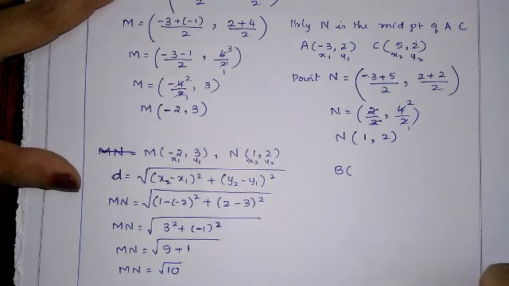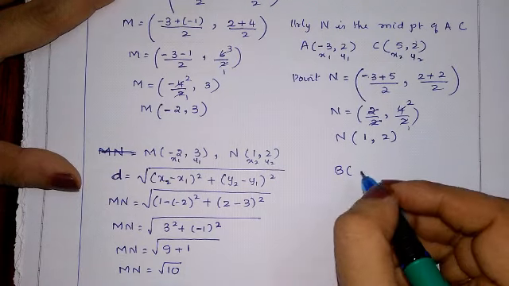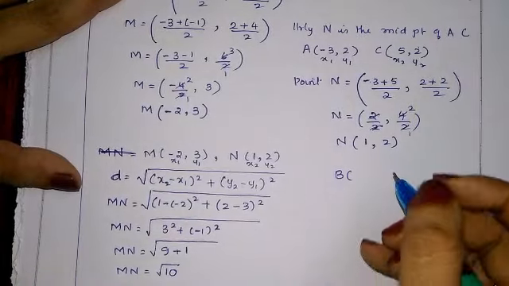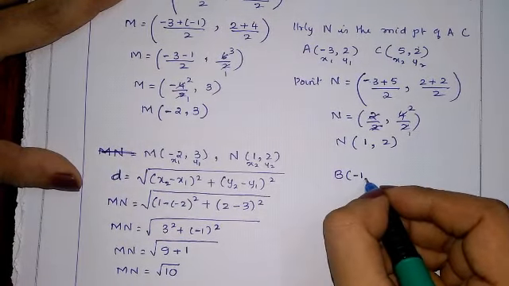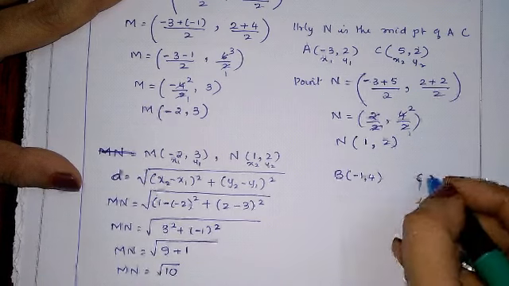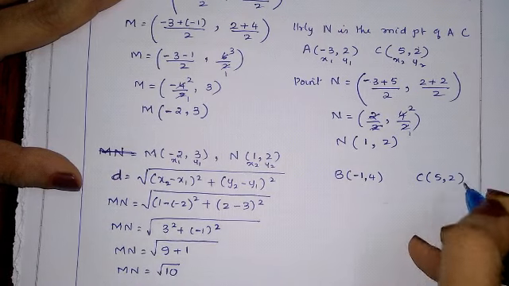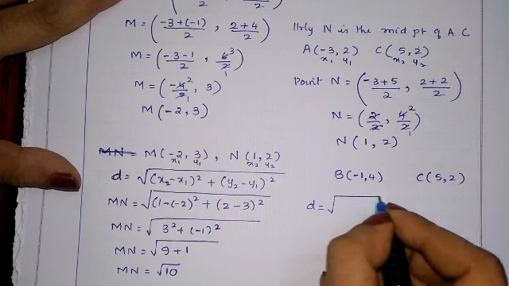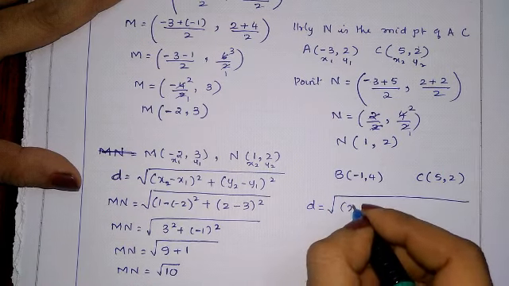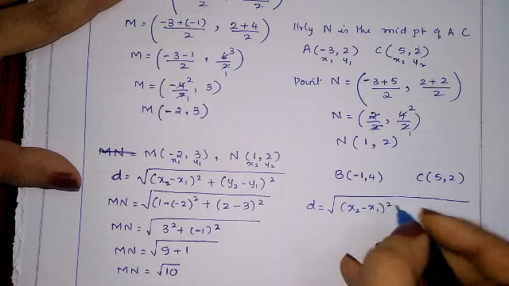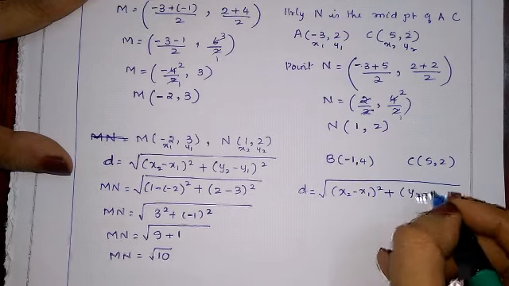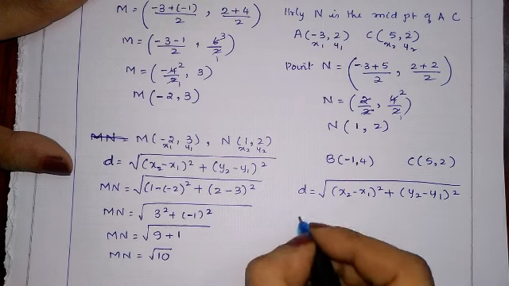Similarly, we will now find the distance BC. B point is (-1, 4) and point C is (5, 2). Distance formula: D is equal to the root of (x2 - x1) whole square plus (y2 - y1) whole square.